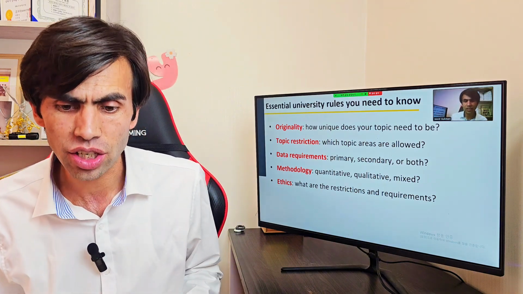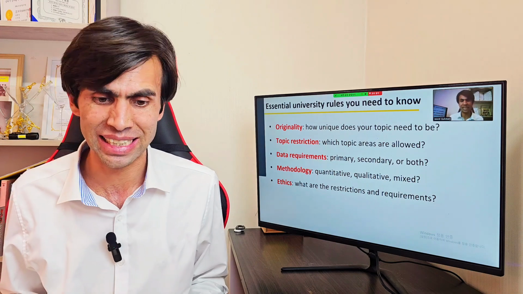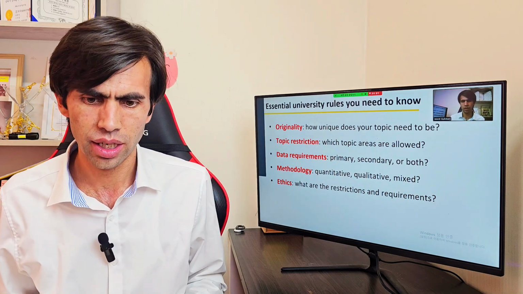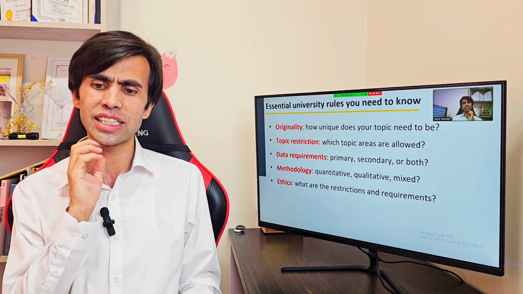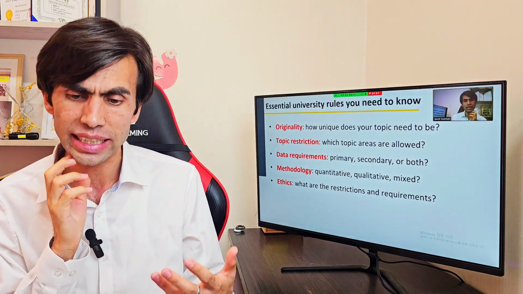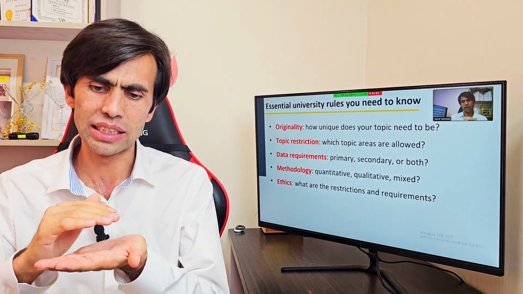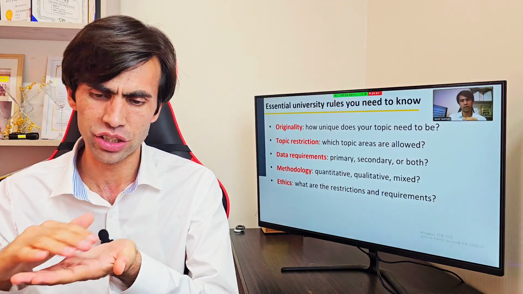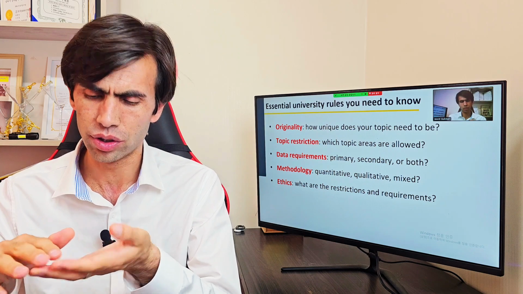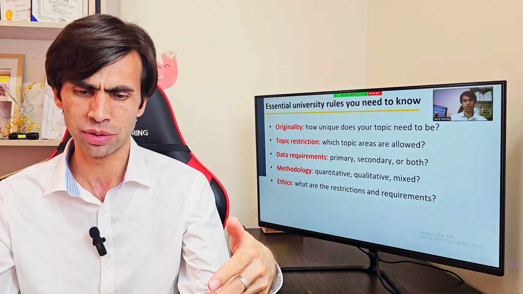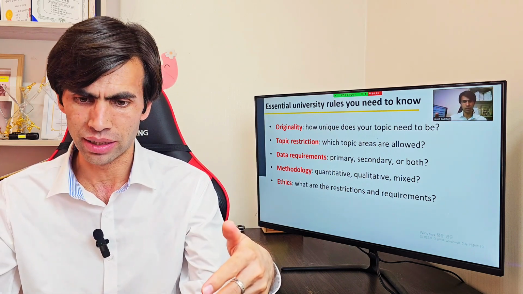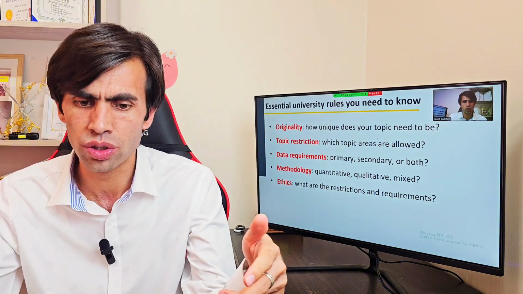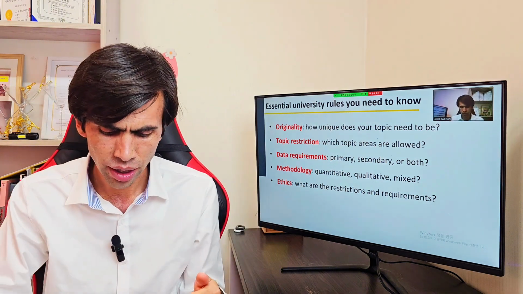Some ethical restrictions or requirements may exist in universities. So you have to think about what the restrictions and requirements are based on ethics, like the level of plagiarism. When you're evaluating the plagiarism level, you need to think about that. Other restrictions, requirements and rules, ethically you have to know that.